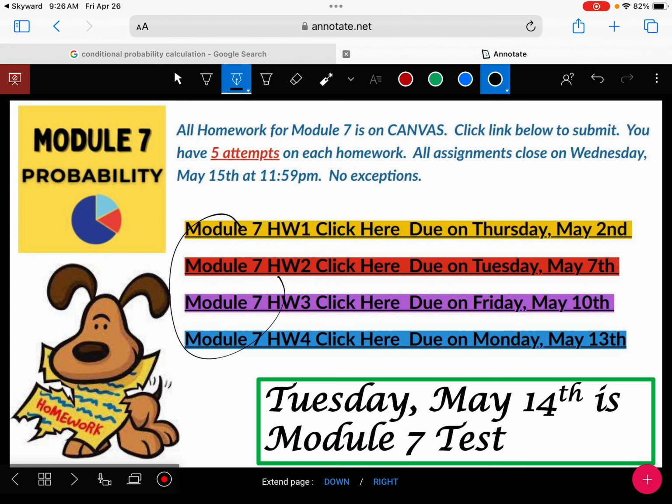All 4 of these assignments are worth 50 points apiece. They're open until May 15th, and then they close at 11:59. You have 5 attempts built into each assignment. So if you don't like the score you got and you want to do it again, you can do them again until you get 50 out of 50.